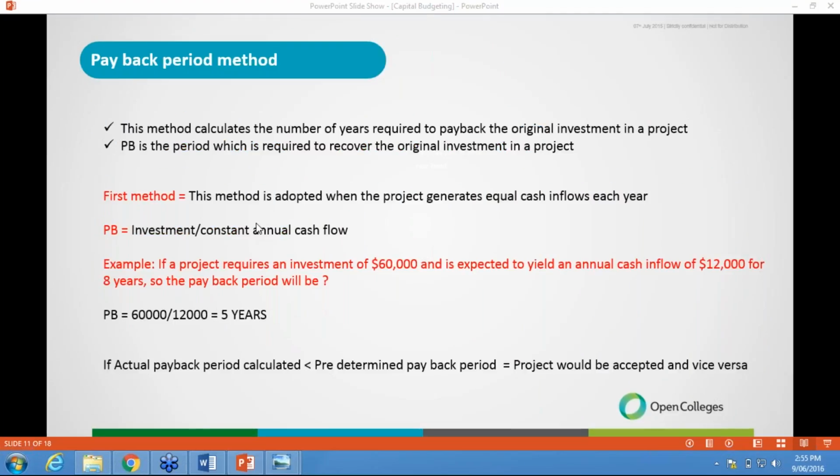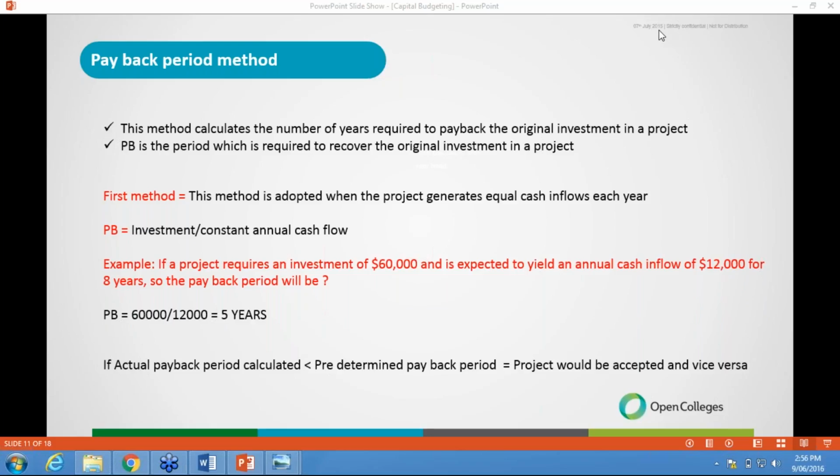So that's the payback period. Payback period, another method. First of all, this is the simplest one. Payback is the simplest among everyone. And this is the most widely employed traditional method to calculate capital investment decisions. So what does it mean?